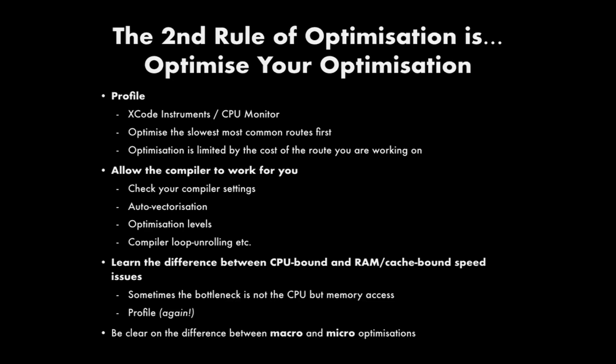The other thing to be clear on is the difference between macro optimizations and micro optimizations. You can read a lot of game development tricks on the internet that are very hardcore and won't actually gain you that much in terms of CPU, but there are people who are very serious about performance. Again, that's fine if you want to spend hours and hours writing code that you can't necessarily read very well later.